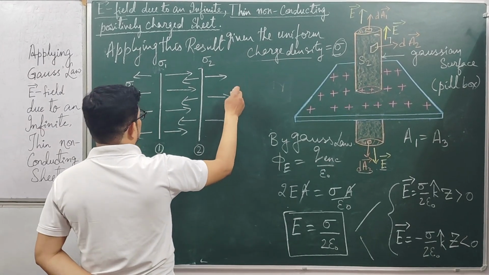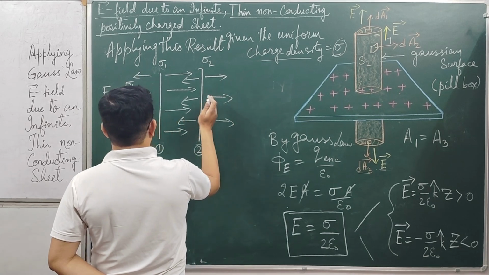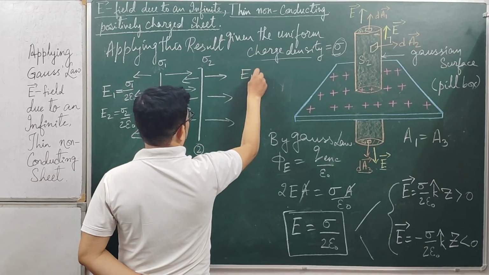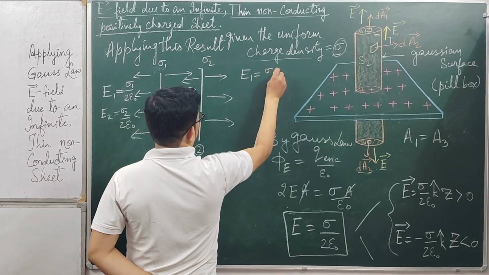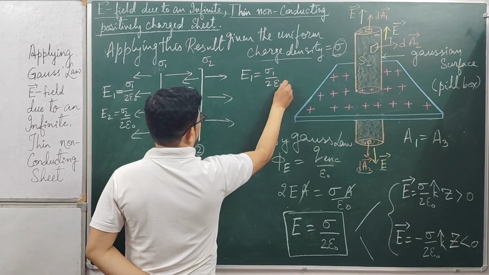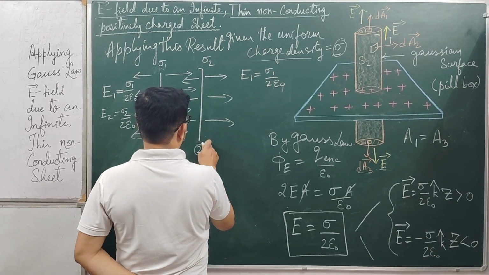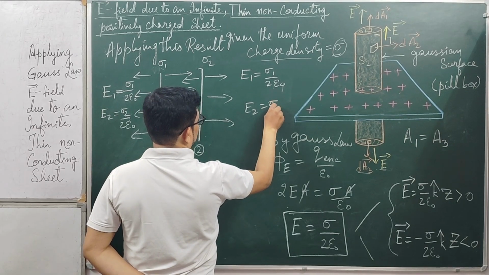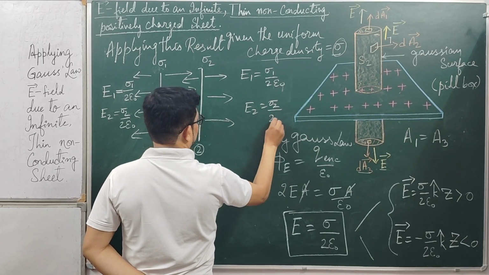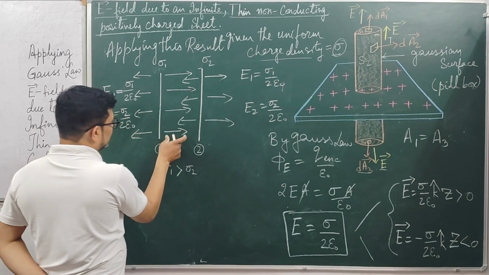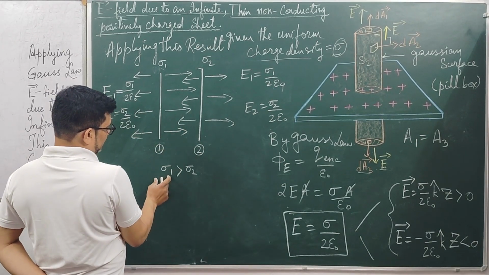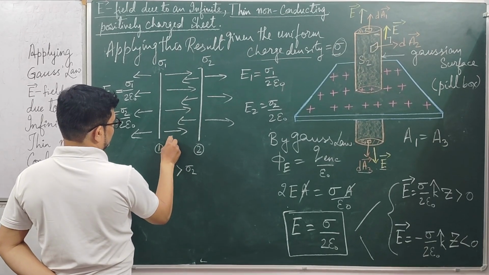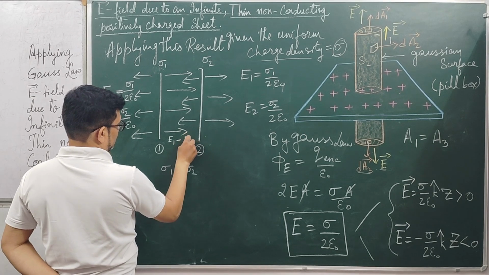Similarly here, E1 is going in this direction, so E1 here is sigma 1 over twice of epsilon naught. And because of this, it's going to be E2, which comes out to be sigma 2 divided by twice of epsilon naught. But here, since sigma 1 is more than sigma 2, we can write that the net electric field is E1 minus E2.